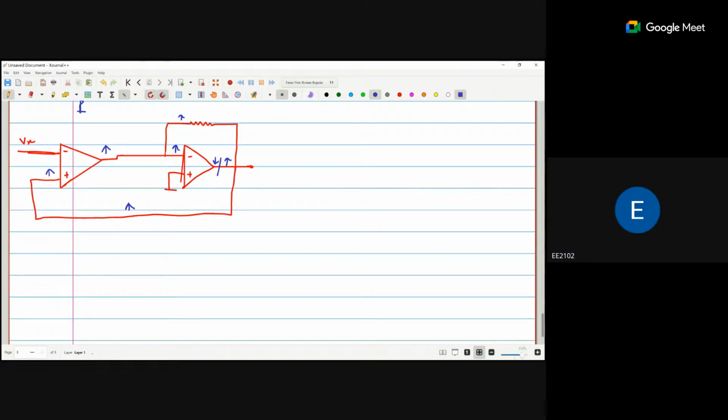And if I consider the negative terminal, this increase multiplied with negative will decrease, and again multiplied with negative, it will increase. So it will now be a positive feedback.